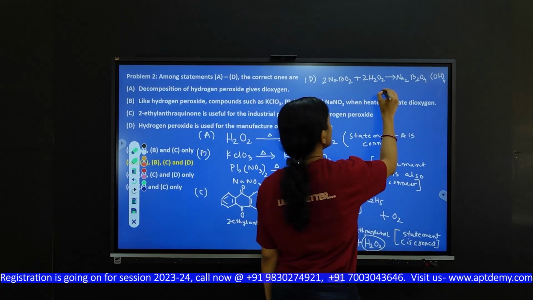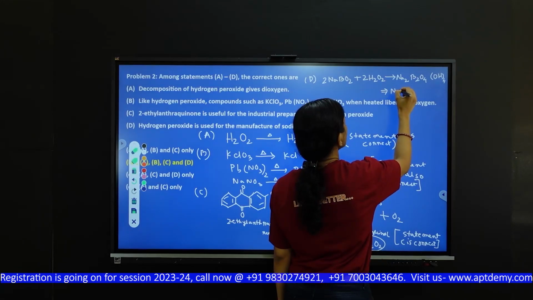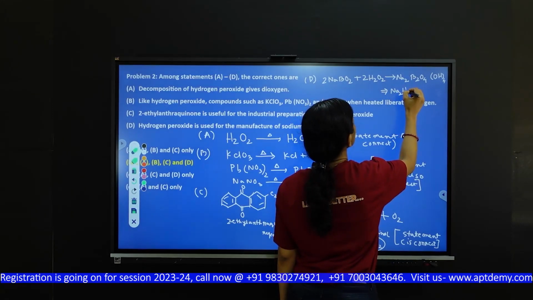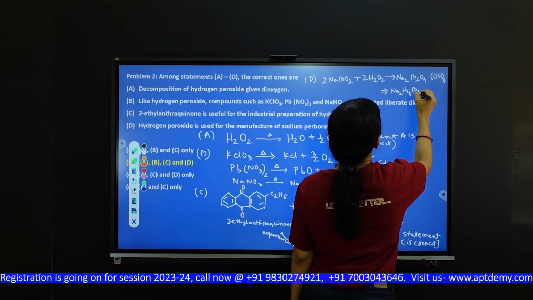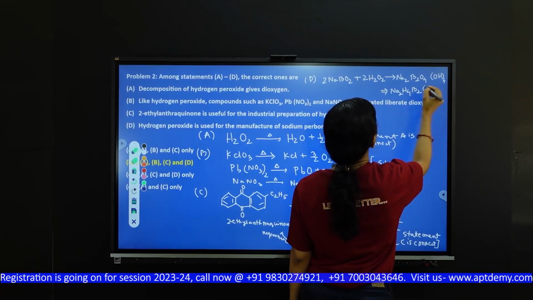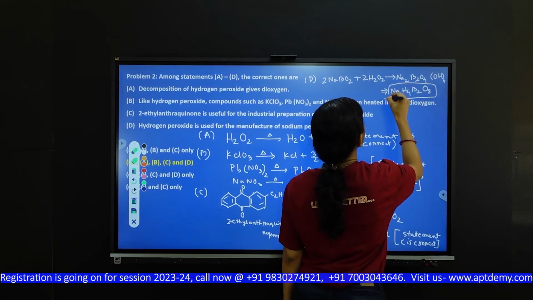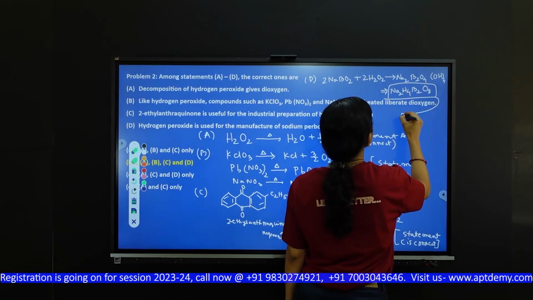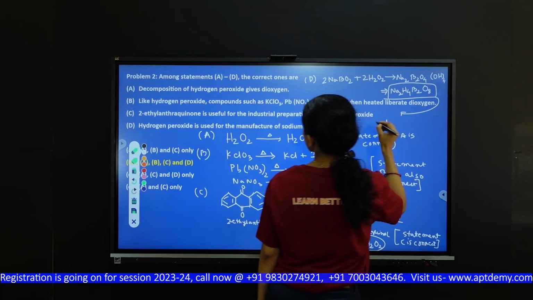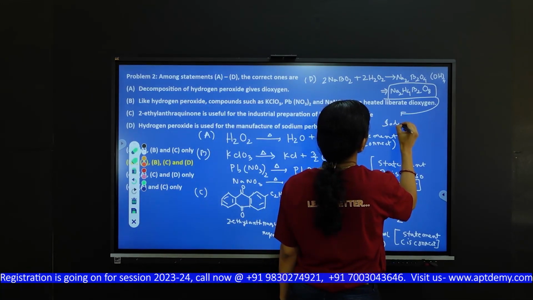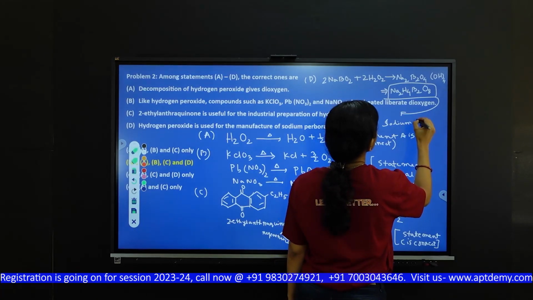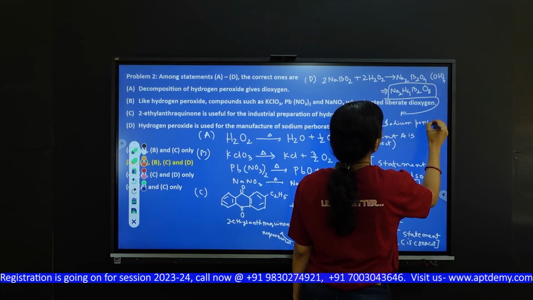Now if you rearrange it, you will get Na2H4B2O8, and this is nothing but sodium perborate.